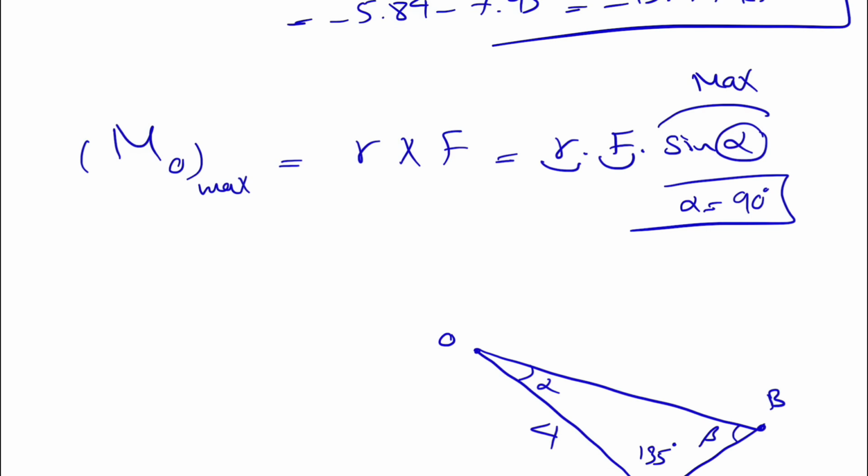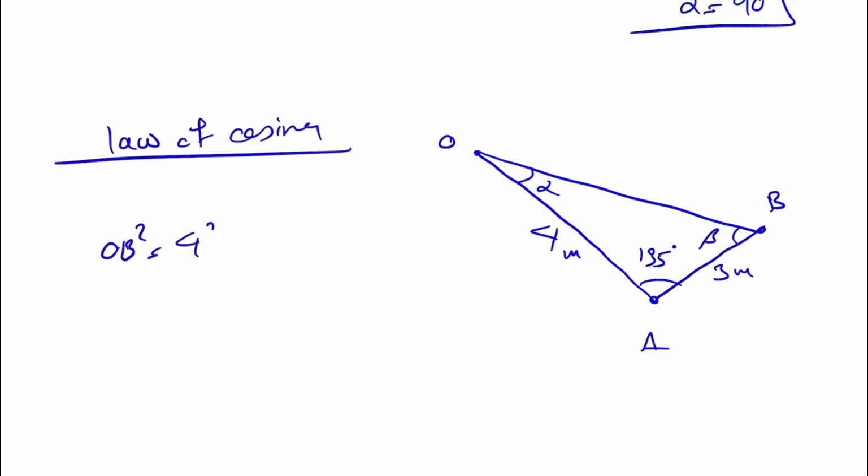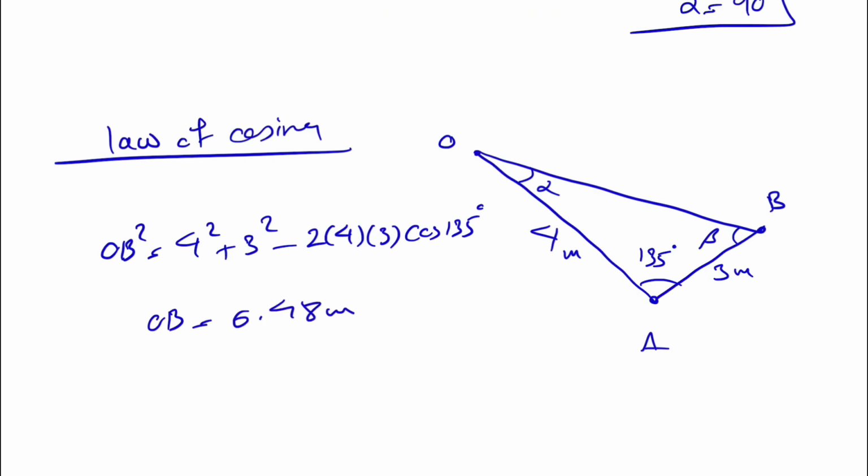And we know this side is 4 and the other one is 3 meter. So if we use the law of cosine, we can easily find OB, which will be OB squared is equal to 4 squared plus 3 squared minus 2 times 4 times 3 times cosine of 135. And from here we can find our OB, which will be 6.48 meter.